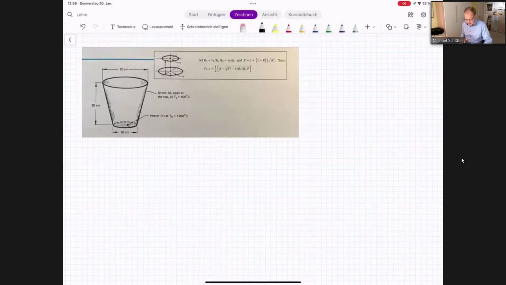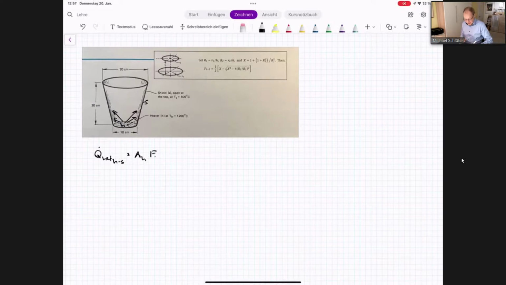So this is the equation that we have, and of course at the end we would like to calculate the net heat flux, so Q net, Q net H minus S, because this is H, the heater, and this is S, and we would like to calculate the radiation that hits this shield. So H minus S is the net heat flux we're interested in, and for that we of course need the heater surface.